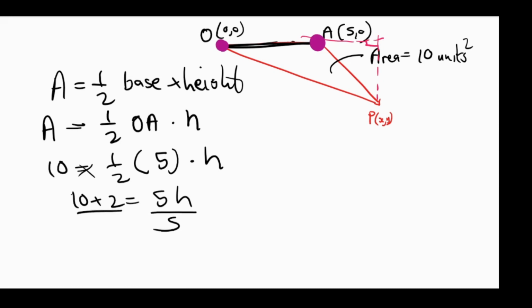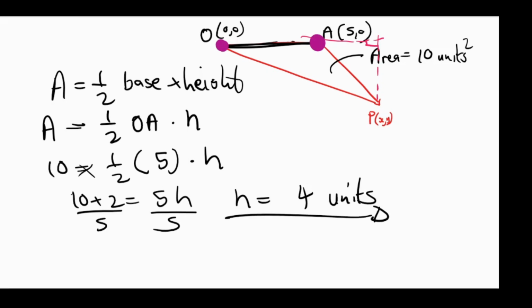Divide by 5 both sides, we have H being equal to 4 units, right? So our height is equal to 4 units.